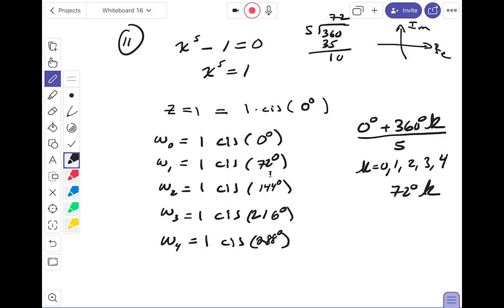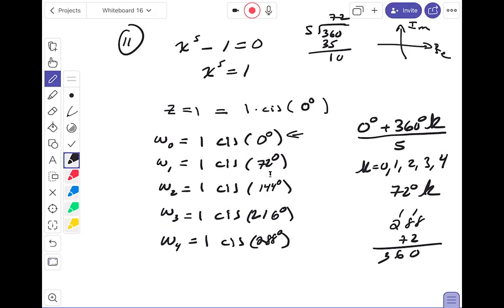Right. Let me just check it. 288, another 72. That would give me 10, 16. Yep, I'm back to the beginning. I'm back to a coterminal angle with 0. So I'm going to claim that's the answer.